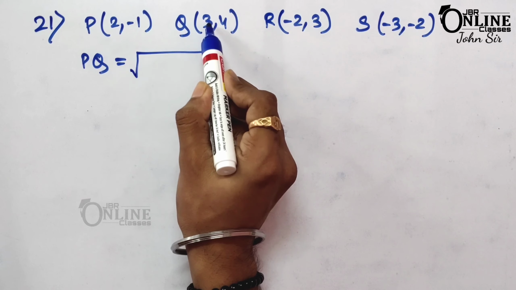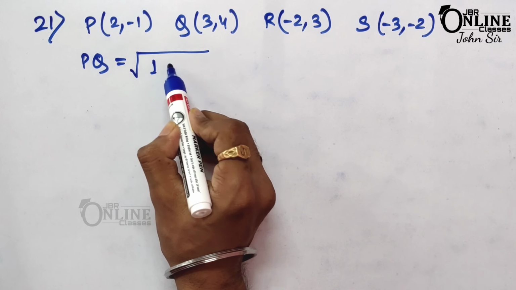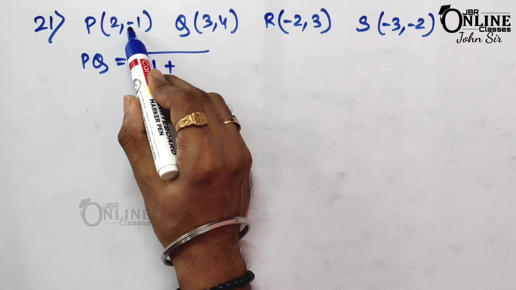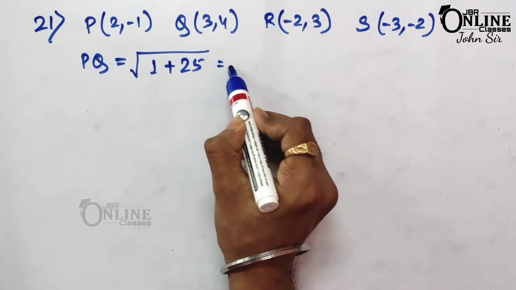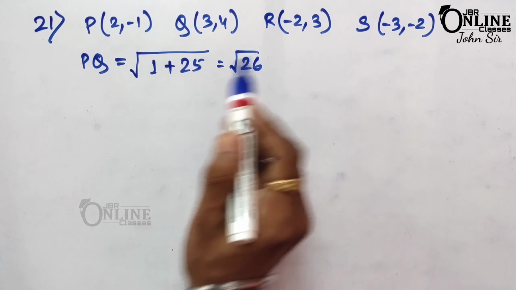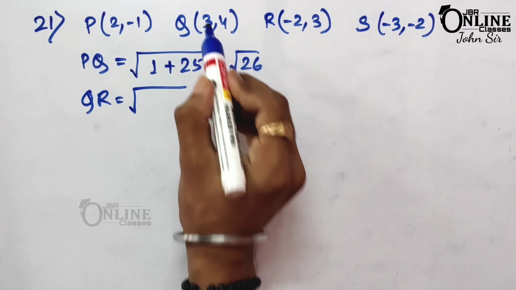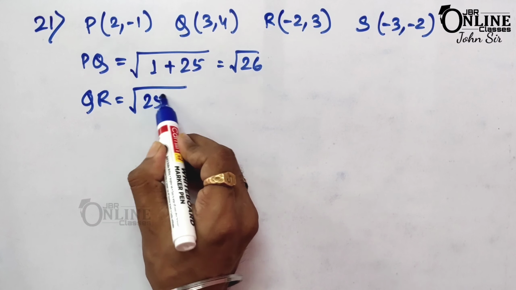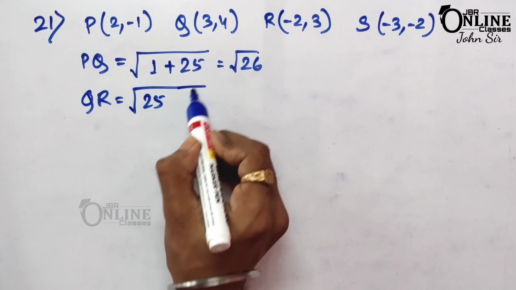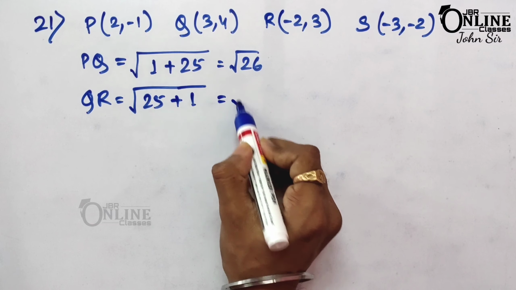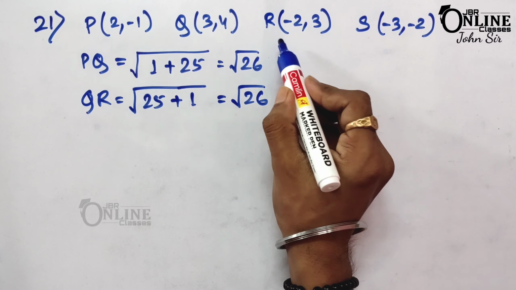PQ means here 3 minus 2, that is 1, so 1 square is 1, then 4 plus 1 is 5, 5 square means 25, so that equals root 26. Next one QR, minus 2 minus 3, minus 5 whole square, that means 25, 3 minus 4, 1 whole square, that means here also root 26.